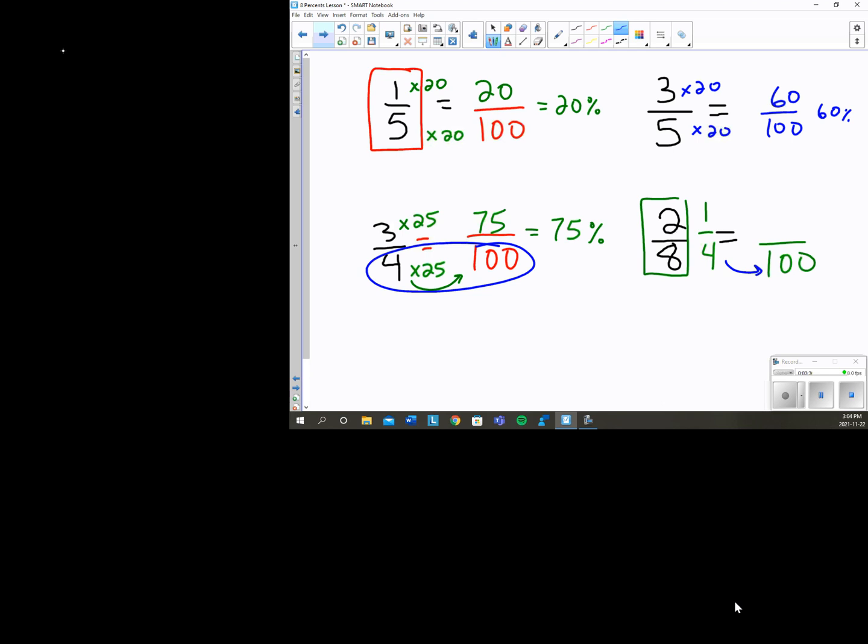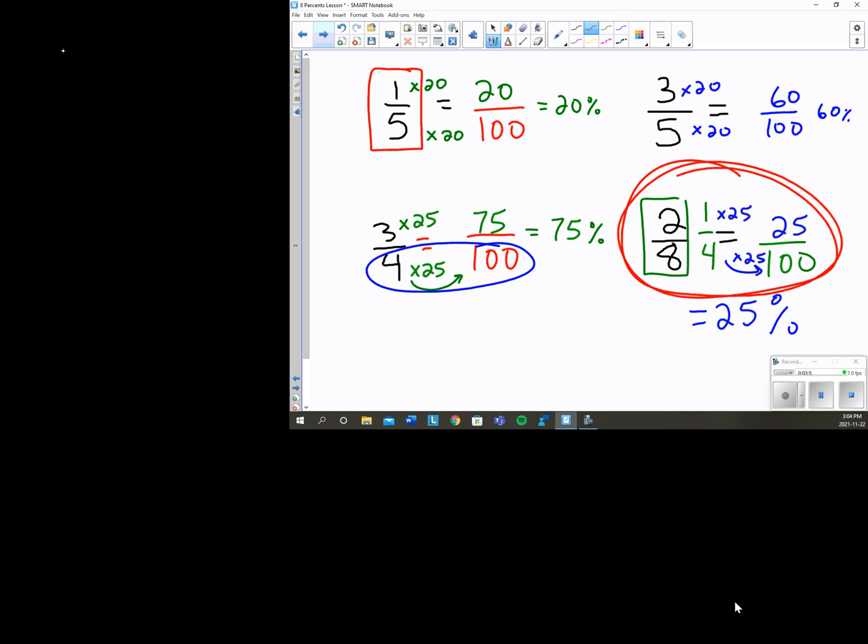So if I reduce this first to 1/4, now I know it's going to be times by 25 and times by 25, and I got 25 out of 100, which is in fact 25%. So sometimes you're going to have to reduce the fraction first before you can actually convert it into a fraction out of 100 to find out the percent. So always be sure or have a look and see if it's reducible before you get stuck.